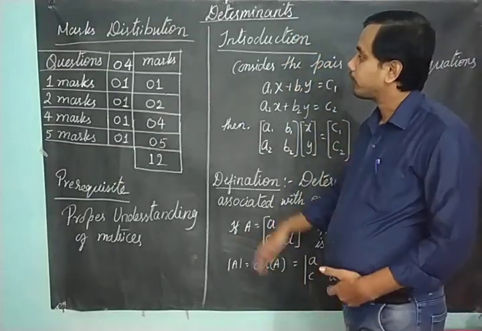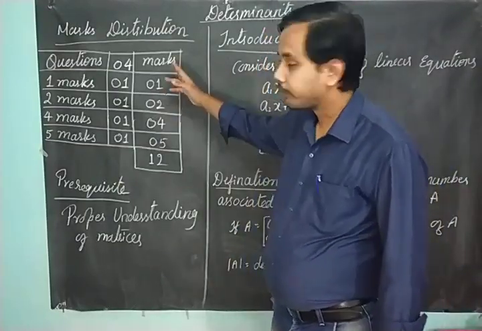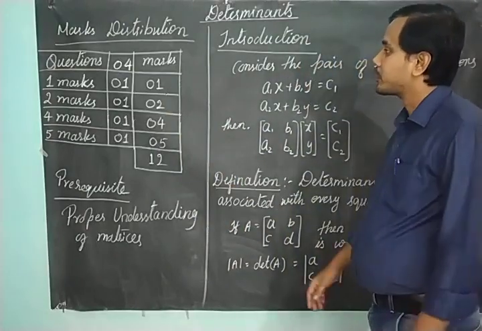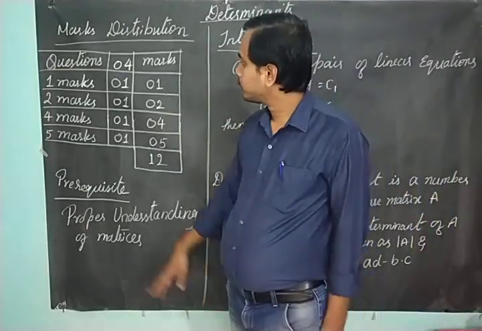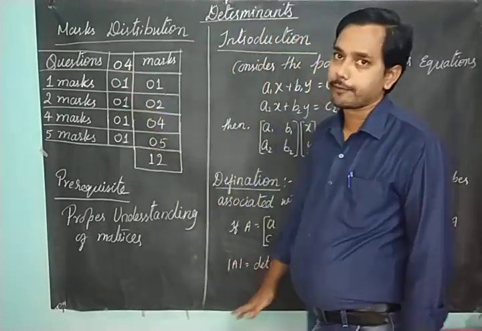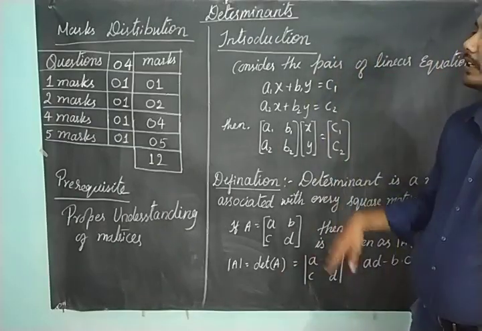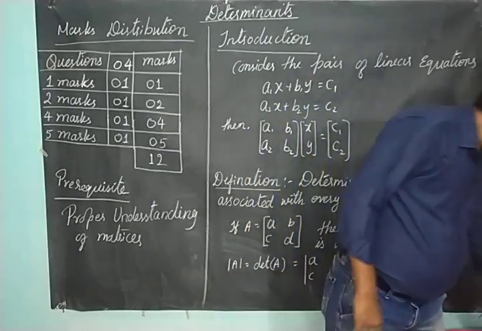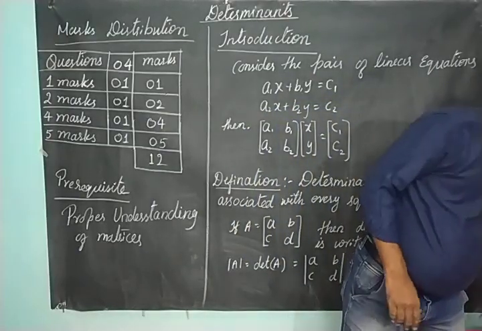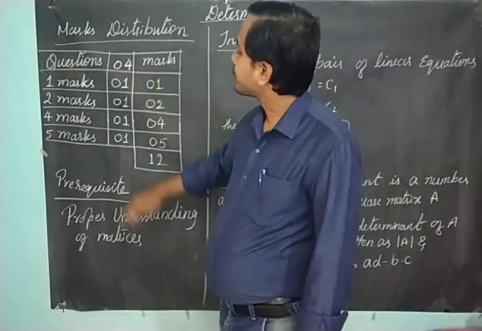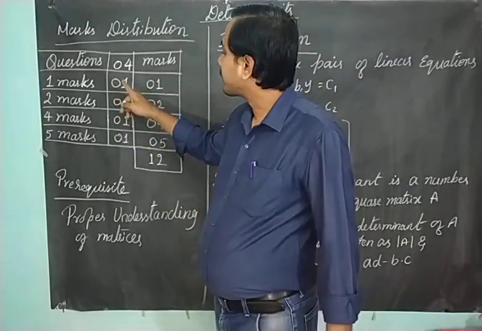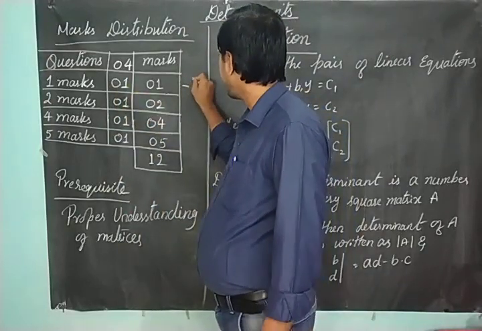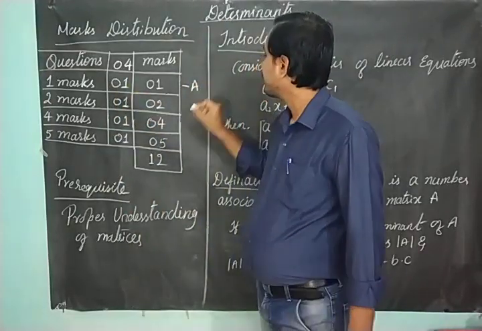This is for your Karnataka PUC second year marks distribution. Totally you are going to get 4 questions from this unit, that is from determinants.